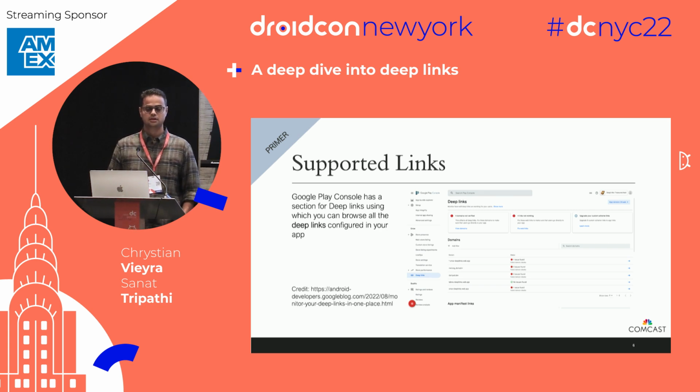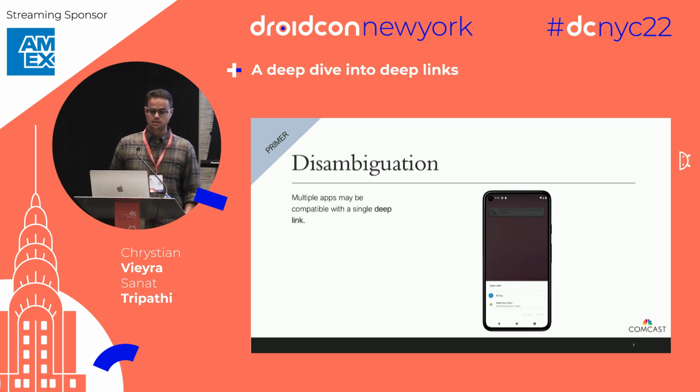So if you have an app out in production, you can check out this tab, and it mentions all the deep links that are configured by your app. It also lists all the deep links that might be misconfigured, and gives you helpful information using which you can debug your deep links. Having said that, we looked at our own app on Play Console, and this entire page is blank, so we still have to figure out what's going on with that.